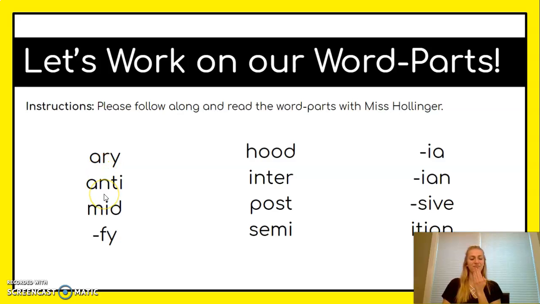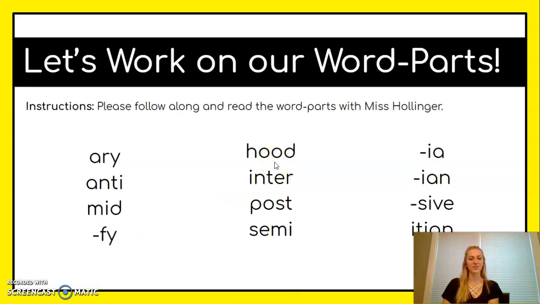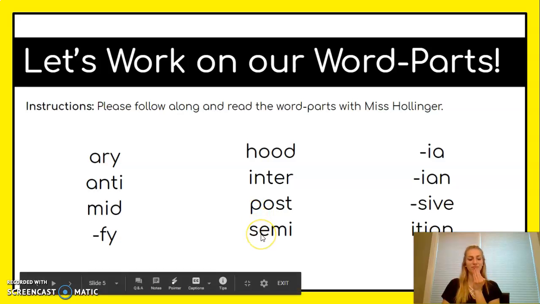Airy. Anti. Mid. Phi. Hood. Inter. Post.